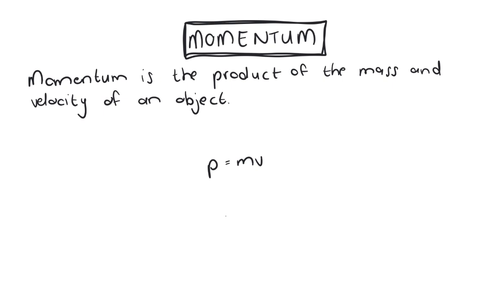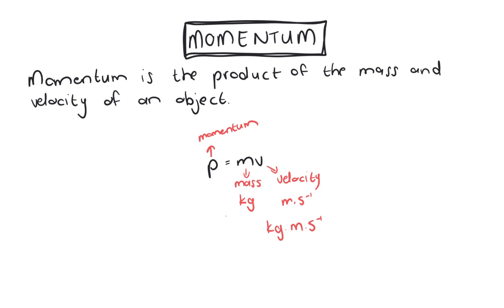So, let's just say this is momentum. It's a small letter p, mass, and the mass is in kilograms, and the velocity is in meters per second, which gives you the unit for momentum, which is simply kilogram meter per second.